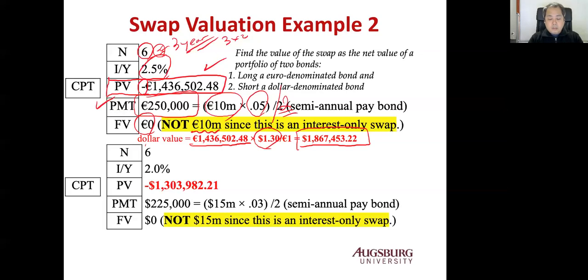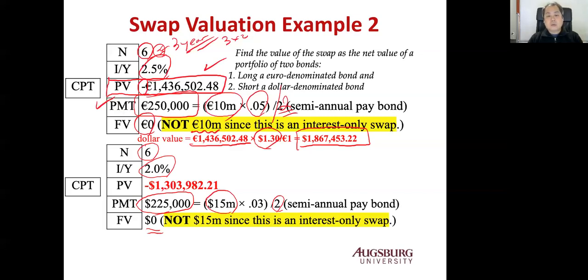And then paying dollars, basically again 6 periods and 2% dollar interest rate, and $225,000 because it's 3% of the $15 million annually, and then it's semi-annual payments, right? And then again, the future value equals 0, same. You are not going to get 50 million because this is not really a bond.